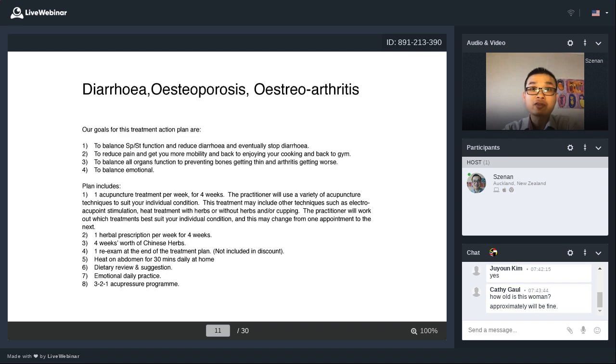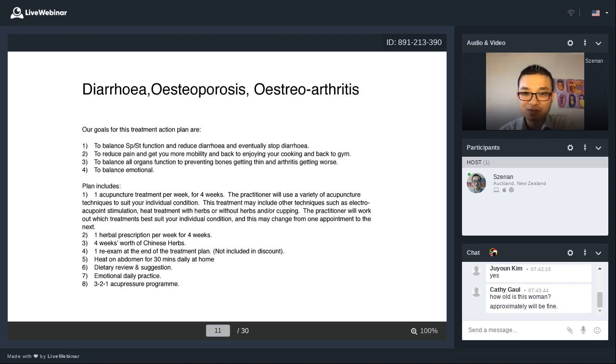I'm not very good at telling patient age, so I better check it. I have a few cases. When you treat diarrhea or IBS, you find all these patients are similar.